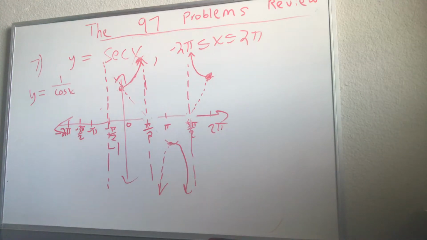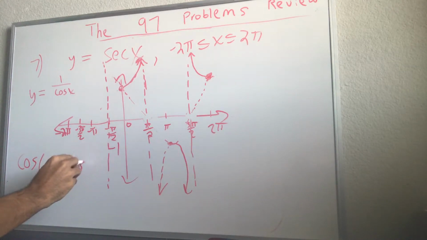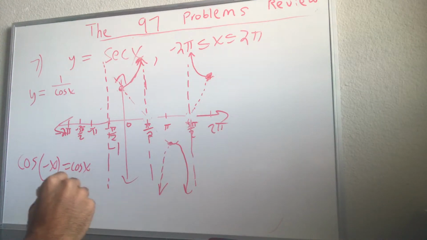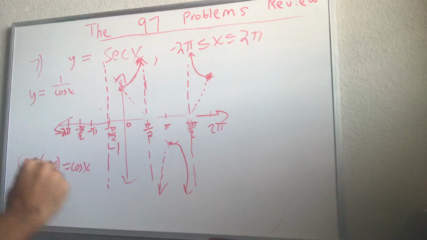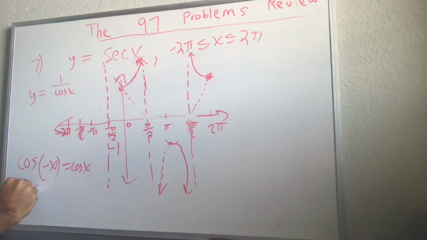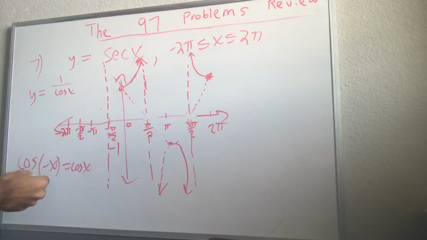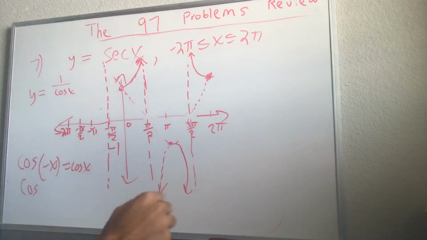So we know that when we're looking at cosine, the rule was that cosine of negative x is equal to cosine of x, right? You know that rule. So if you're looking at, for instance, cosine of negative pi over 2, that's the same thing as cosine of pi over 2.